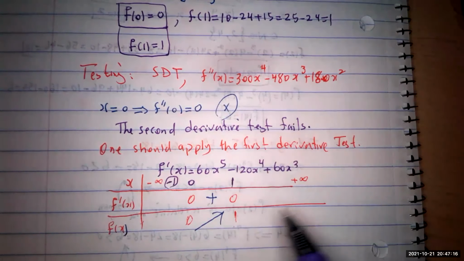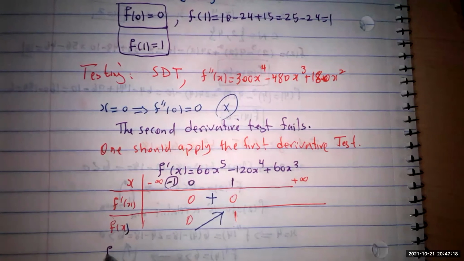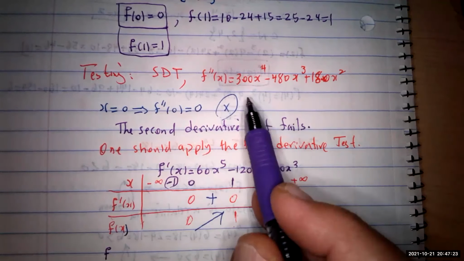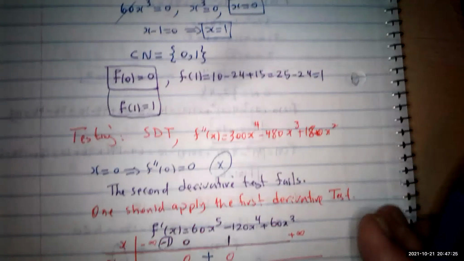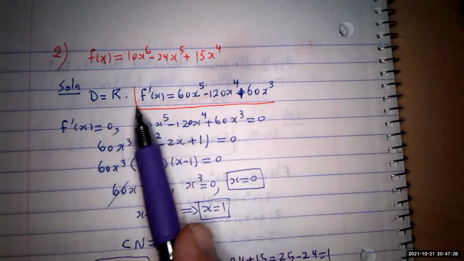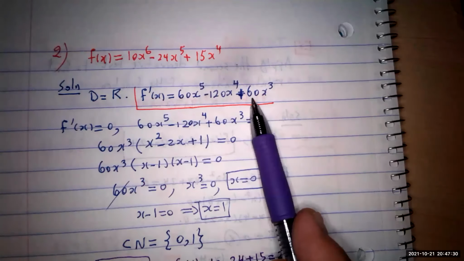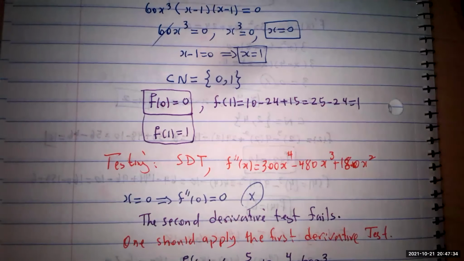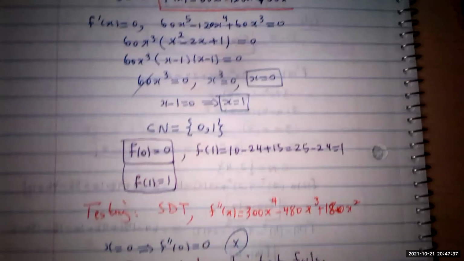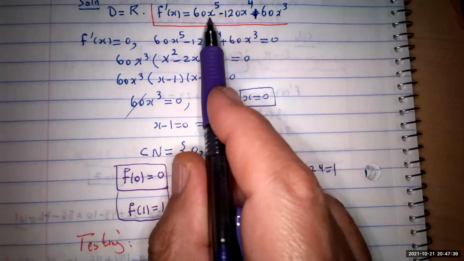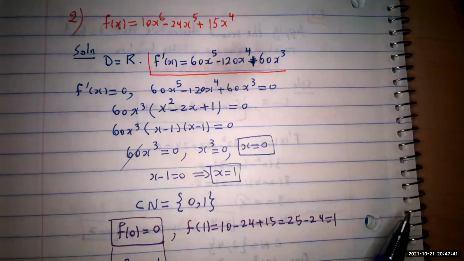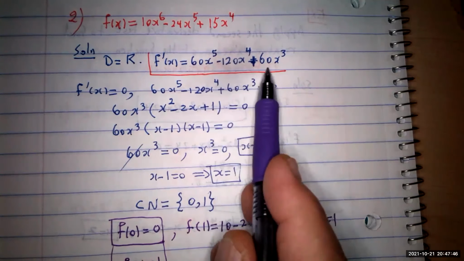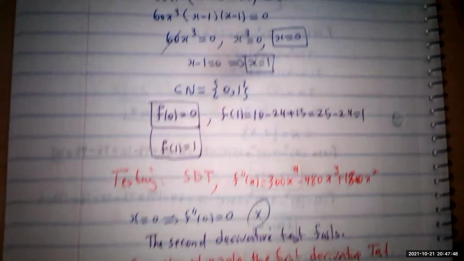If you put the -1 into the f prime, what's going to be the result? The result, -1 to the 5th would be negative, so that gives you -60, -140, and then -60 again.